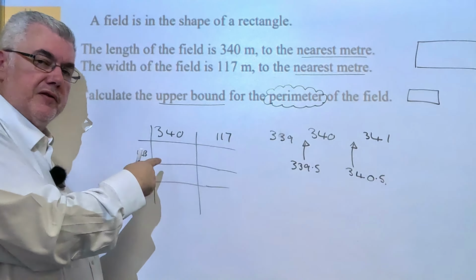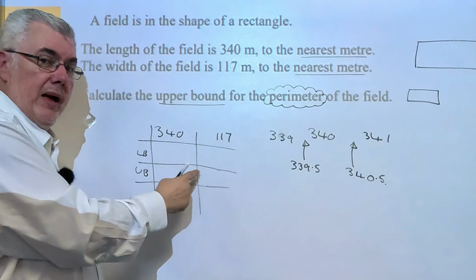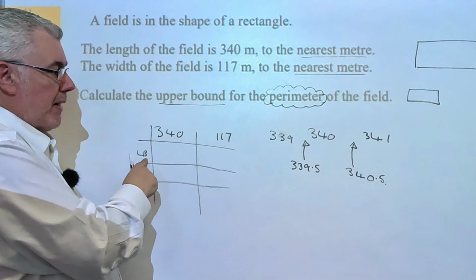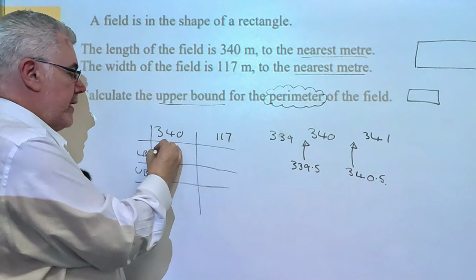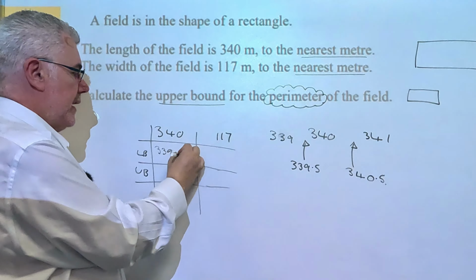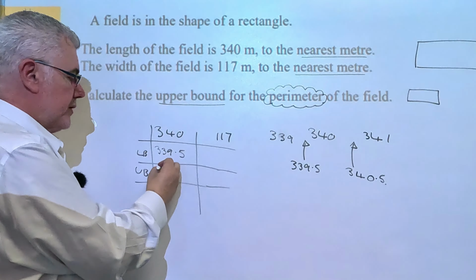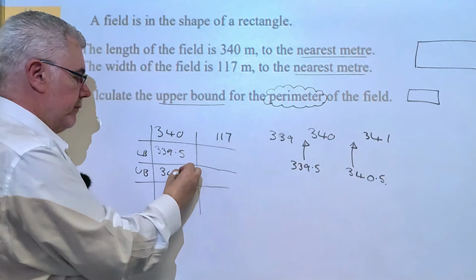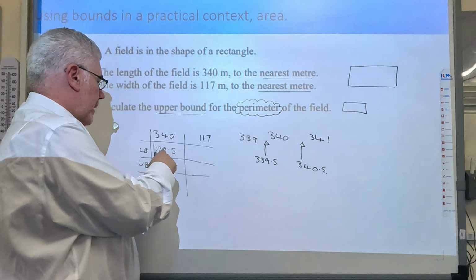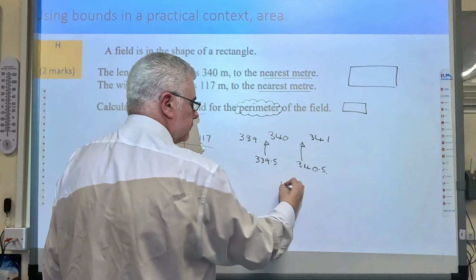This little chart's often enough to get you a mark or 2 in the exam, so it's really worth filling this in. Lower bound for 340, 339.5. Upper bound for 340, 340.5. Lower bound for 117.